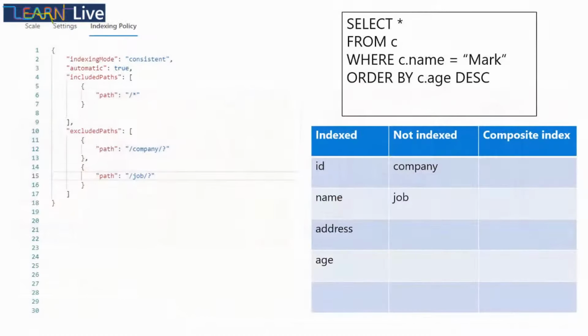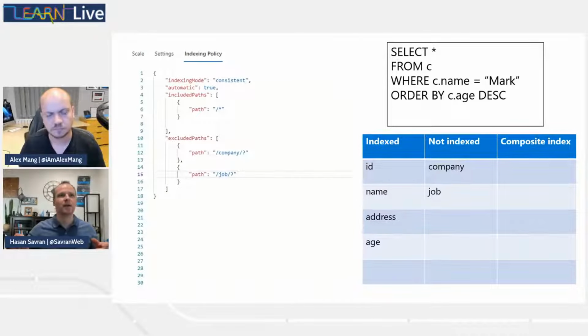So that indexing policy you see out there is going to exist in each of the physical partitions. So I am hoping the name is going to be our partition key, so we can hit one physical partition and run this query, so we don't have to run this query in many places.